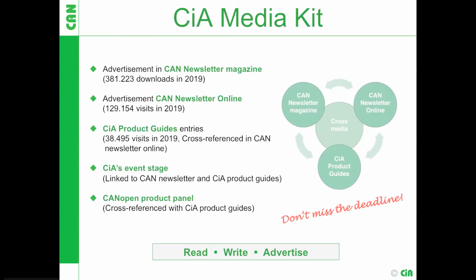As you see, the CAN Newsletter magazine had more than 381,000 downloads in 2019, and the CAN Newsletter online has been visited more than 129,000 times last year. So please don't miss the deadline for your advertisement. The next deadline for the CAN Newsletter September issue is the 3rd of August.